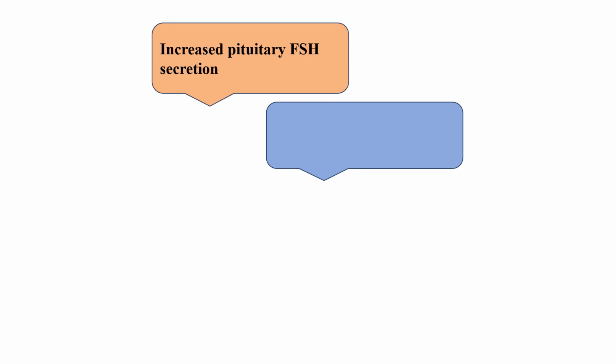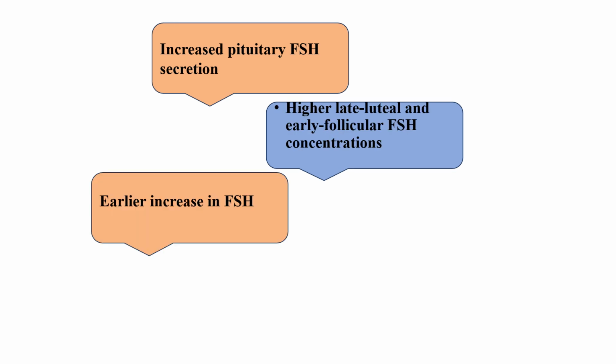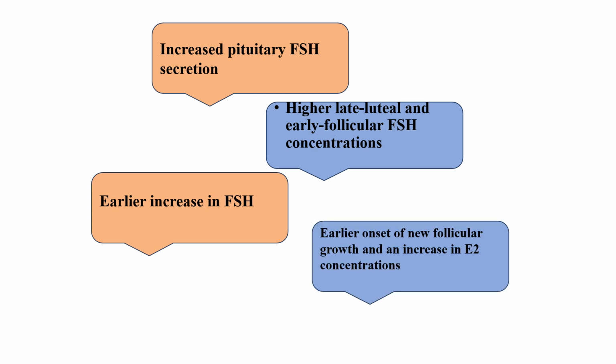Because of the decreased ovarian reserve, the central negative feedback will be decreased, leading to an increase in pituitary FSH secretion, which will lead to an increase in the early follicular FSH concentration, and thereby an earlier increase in the FSH.